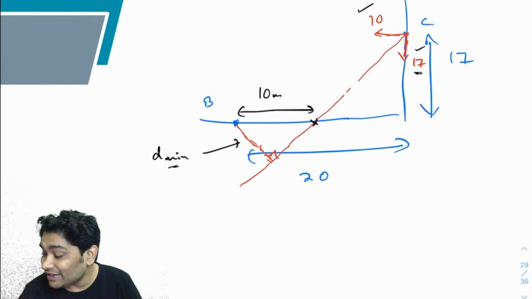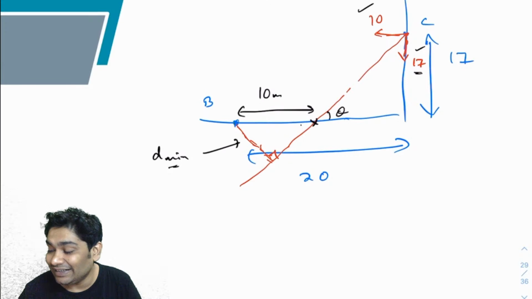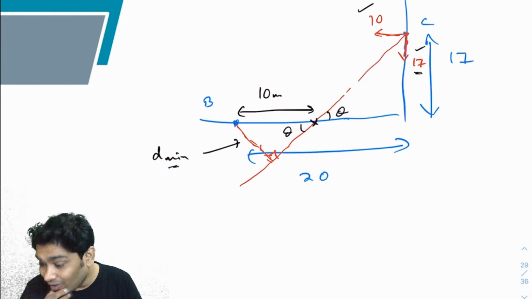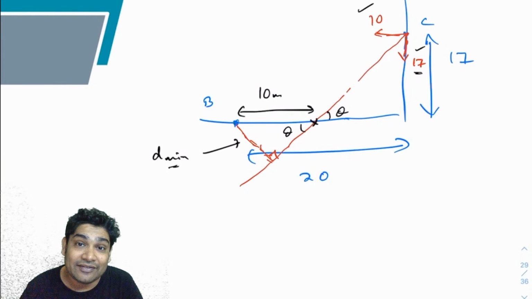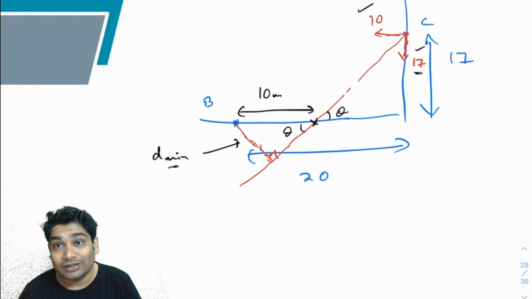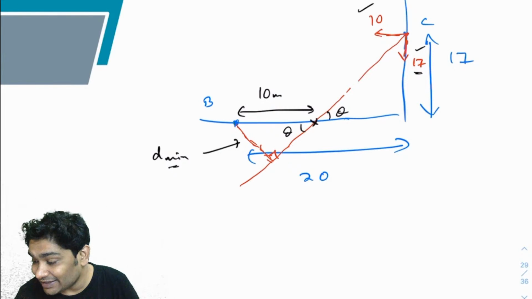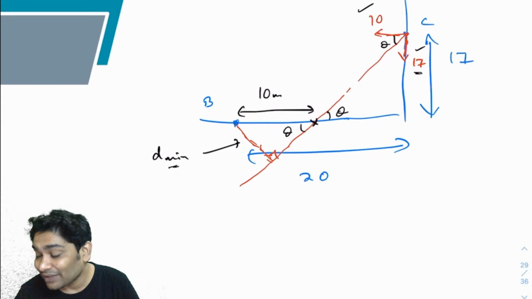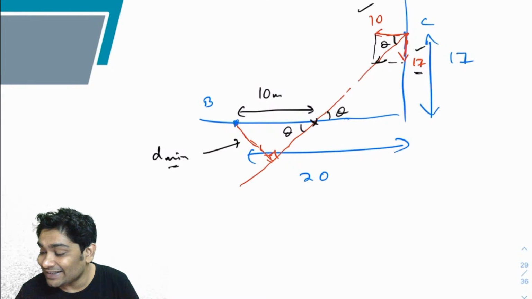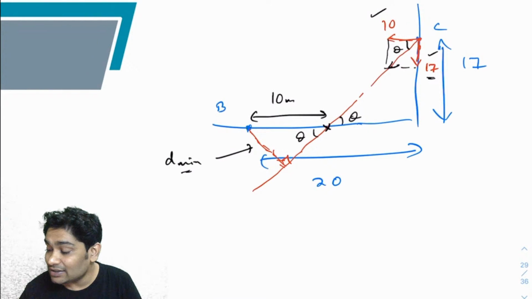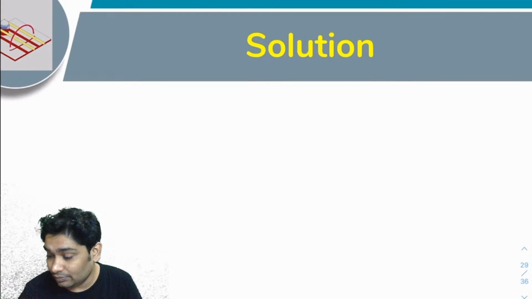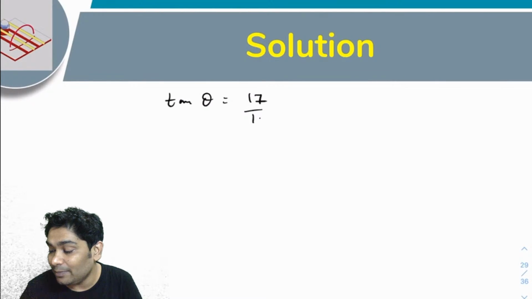Now all I need to know is if I can find out this angle theta, then from this triangle I can easily find out d minimum. Now finding this theta is very easy. This theta is also this theta. Now from parallelogram law, you know the resultant is this. Then what is tan of this theta? Tan theta equals 17 over 10.